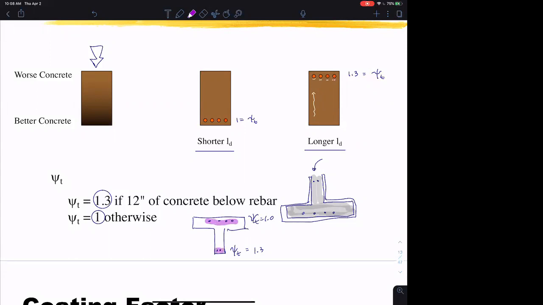The location factor is 1.3 for the others. That T stands for top bar effect, is what we call it. But it's the position of the bar when you poured the concrete, because this all happens when the concrete is still green, when it's wet. Okay, so keep that in mind.